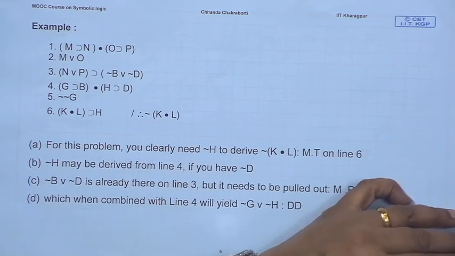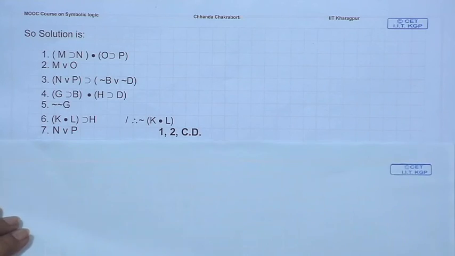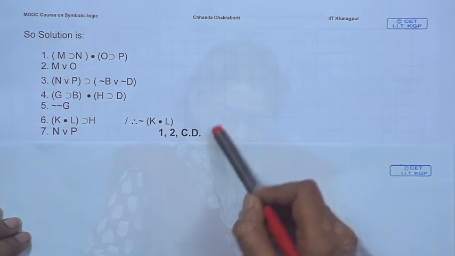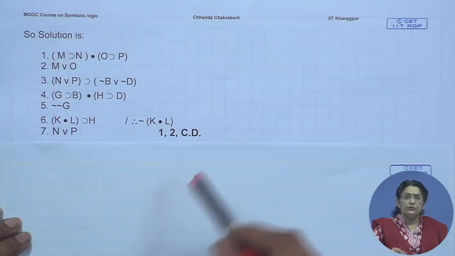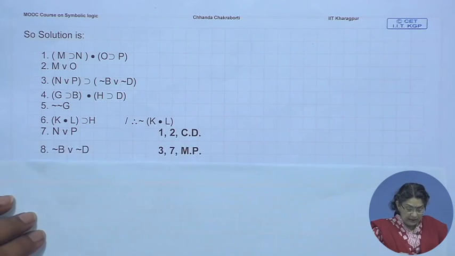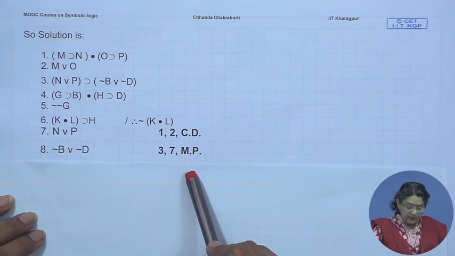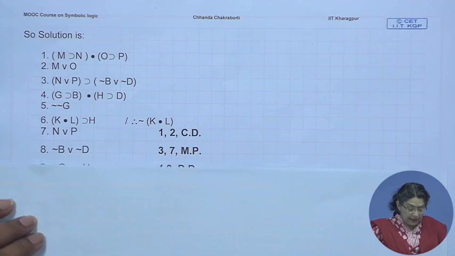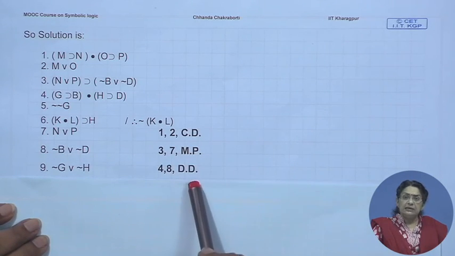So, if we put it all together, all this thinking put together, then here comes what is known as the whole proof. Take a look. What we have said, we can put it in this way. What did we do? We used 1 and 2 CD. This is the rule. Unless you know the rule, there is no way you can use it. This is modus ponens on 3 and 7, right. And here is the DD, destructive dilemma.